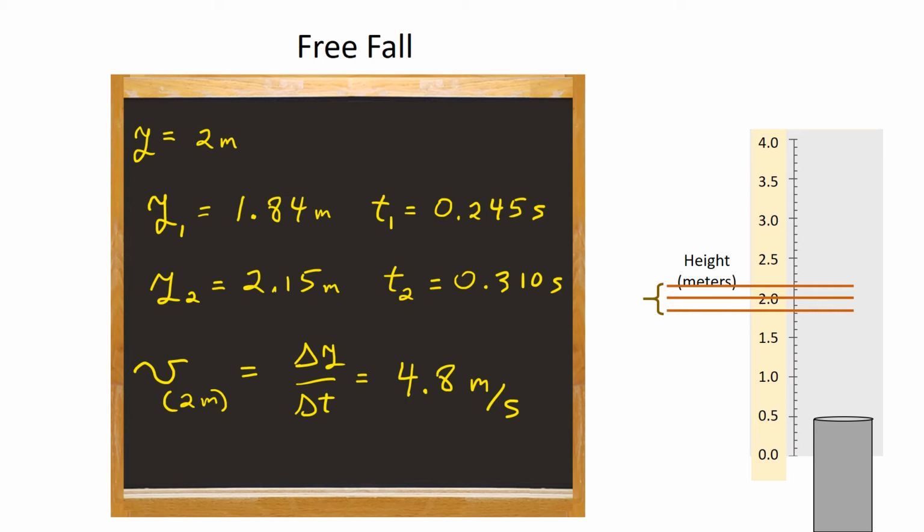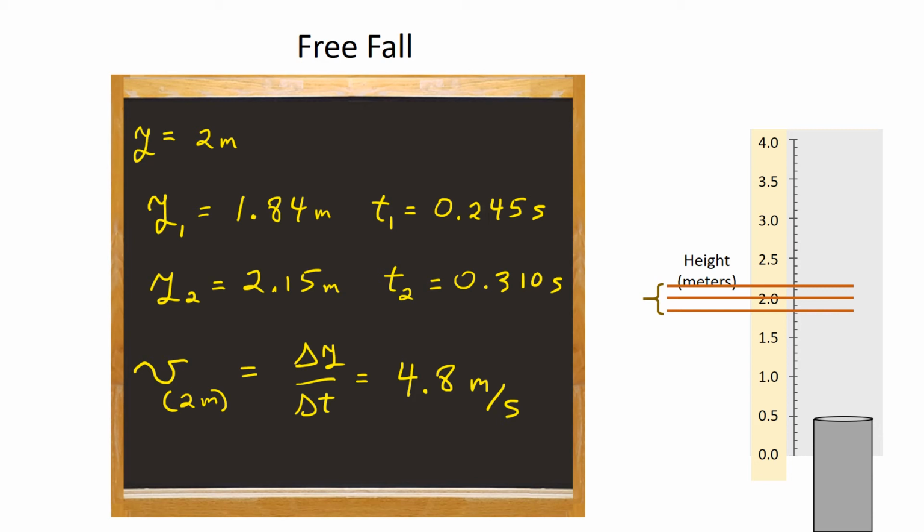So I stopped the earlier animation, and at 1.84 meters, I noticed the time was 0.245 seconds. And that was about 1.5 tick marks below y equals 2. Then at between 1 and 2 tick marks above y equals 2, I actually tried this.